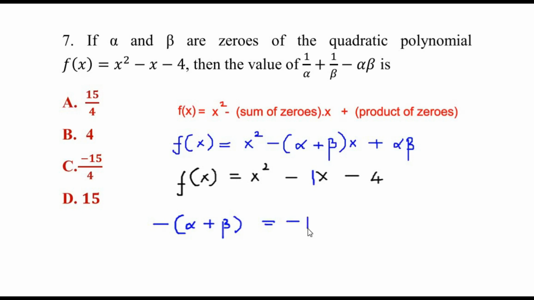So here negative 1. Now cancelling the negatives from both the sides of the equal to sign, we get alpha plus beta is equal to 1. Now similarly comparing the product of zeros, we can write alpha beta is equal to negative 4. So we have got alpha plus beta and alpha beta.